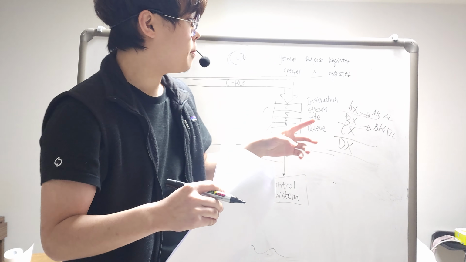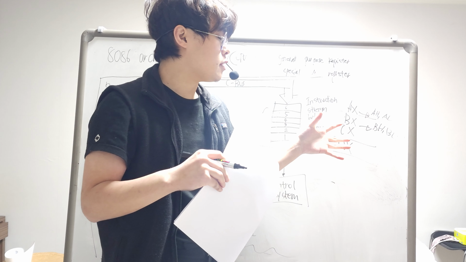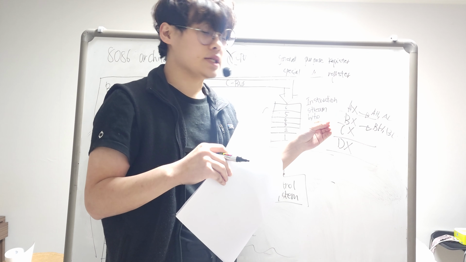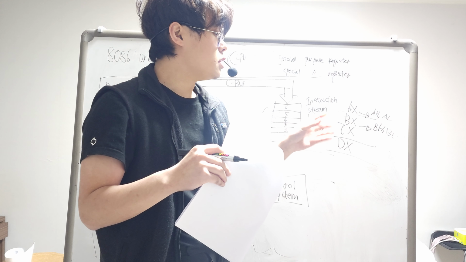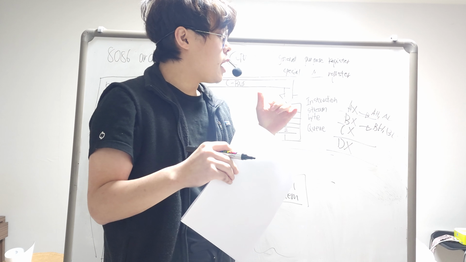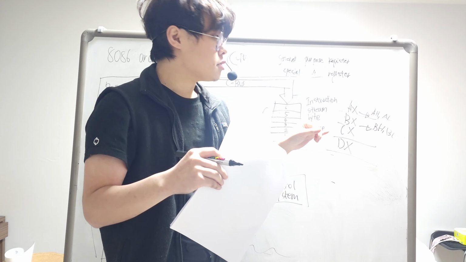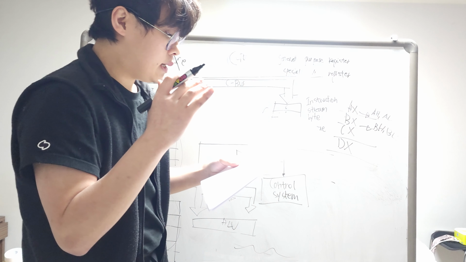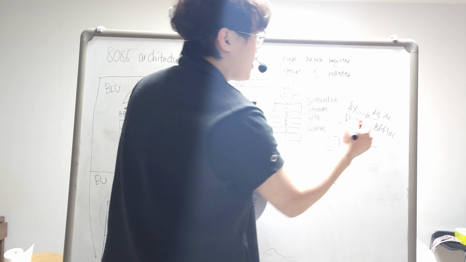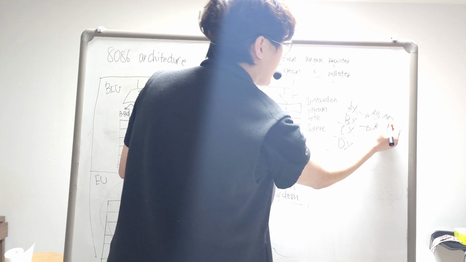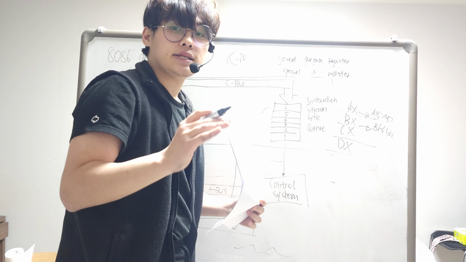I know this is a really nonsense concept that you cannot easily understand. Me either, I was not able to understand it at first. But let's say this H and this L stand for high bits and low bits.